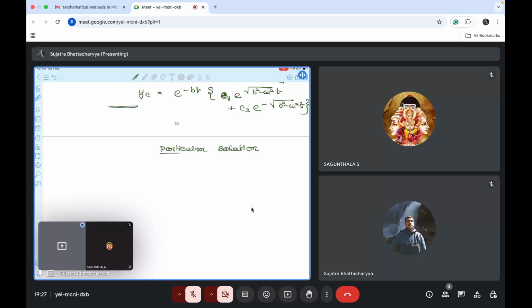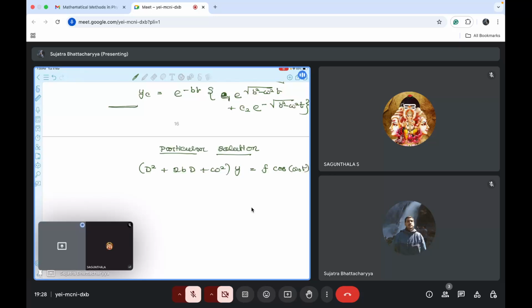Now to find the particular solution, how to do it? You already have D square plus 2bD plus omega square, y is equal to F cos omega naught t.